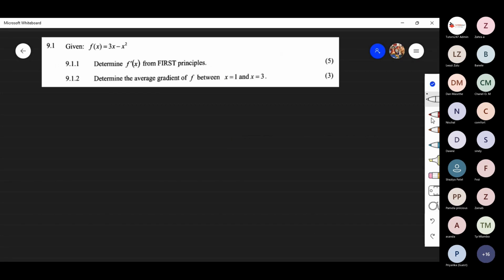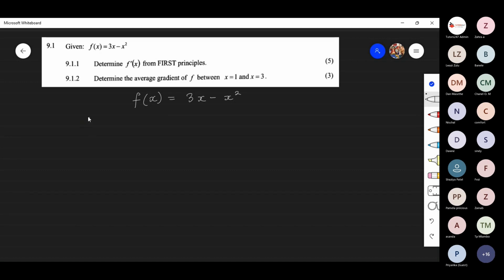So our next question, we have 9.1, right? So we are given f of x as 3x minus x squared. And we need to now find the derivative, or the first derivative, of f using our first principle.